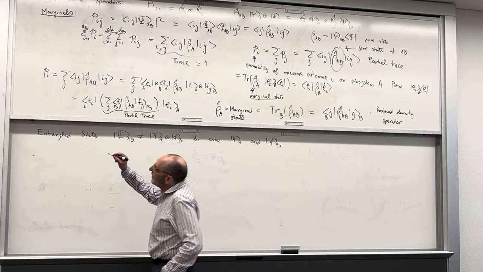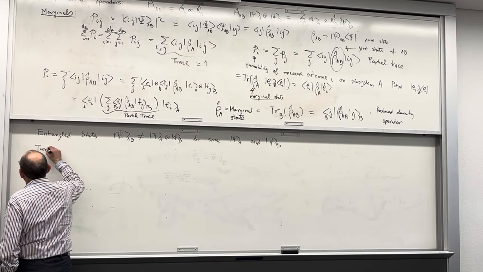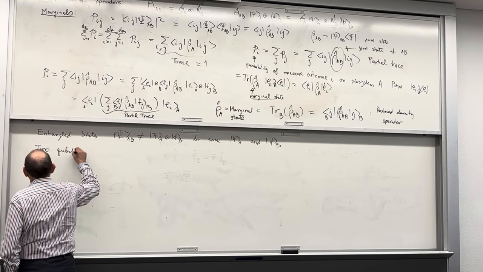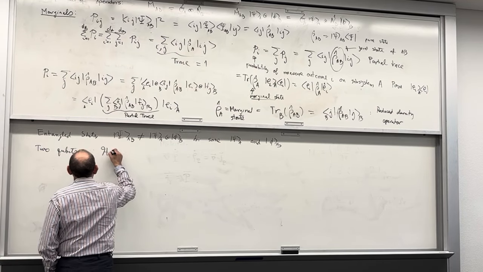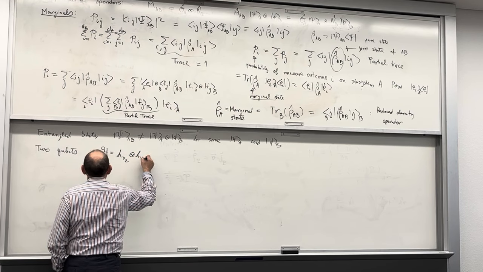Let's look at the case, as we often do, of two qubits. So my joint Hilbert space is the Hilbert space associated with two spin 1/2 particles.